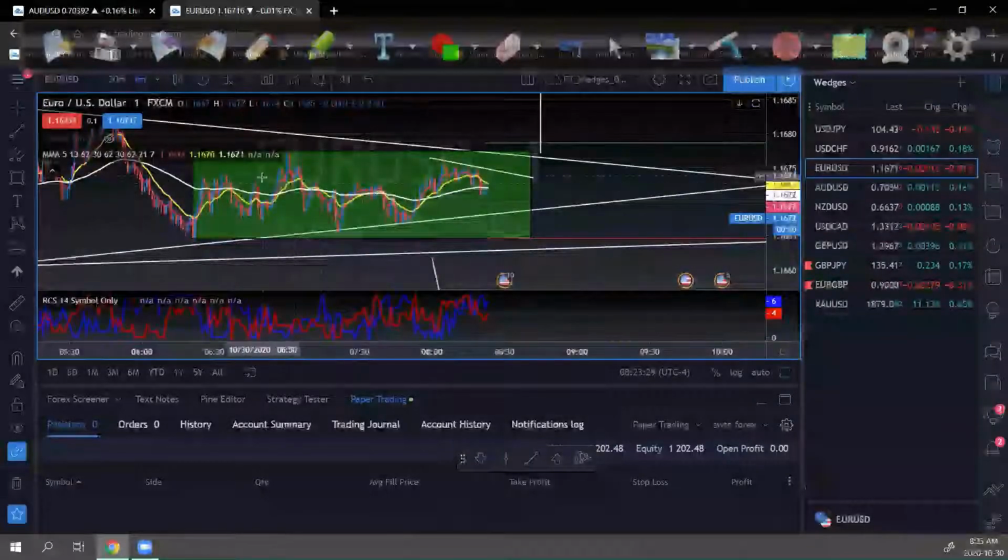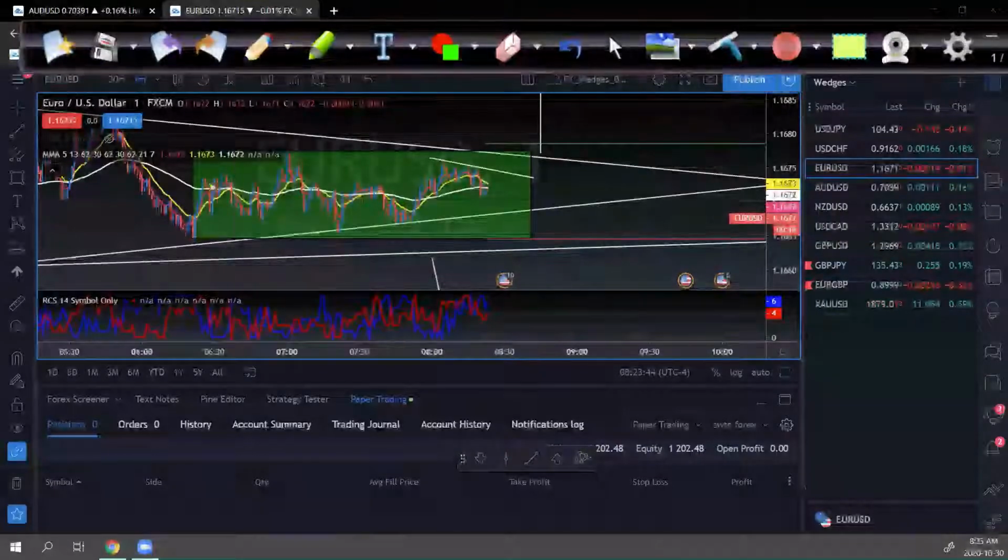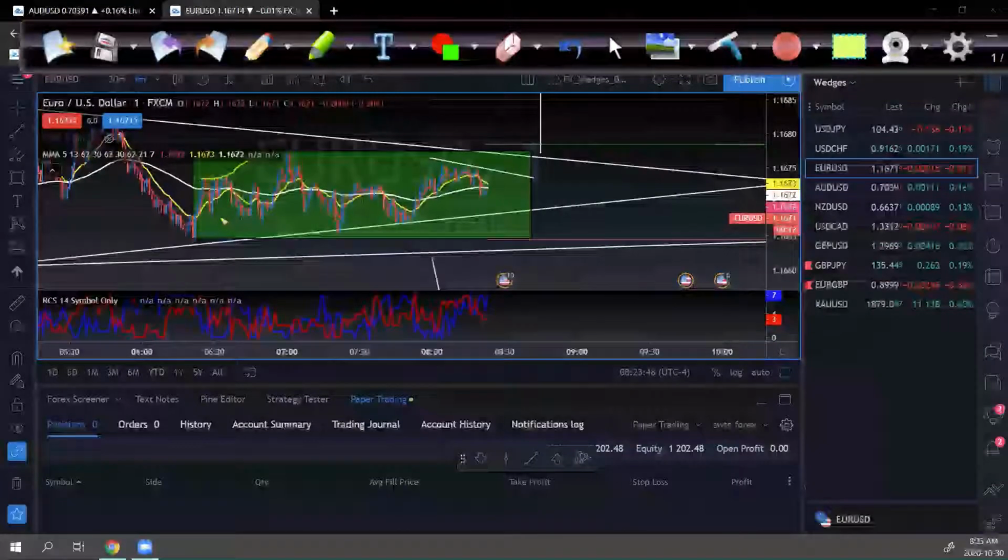You got a little tiny wedge here and a break. You got a wedge here and a break. So it's interesting to see how many wedges there are, because it's always going to be the consolidation. So there's a wedge here, and then going to be a wedge here, and then another wedge here, and another wedge here.